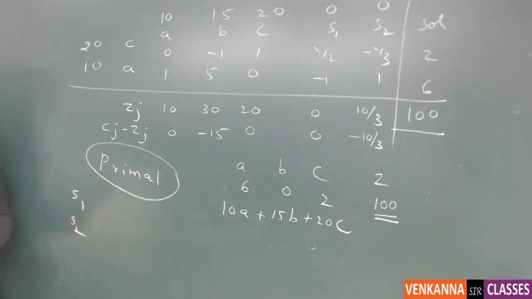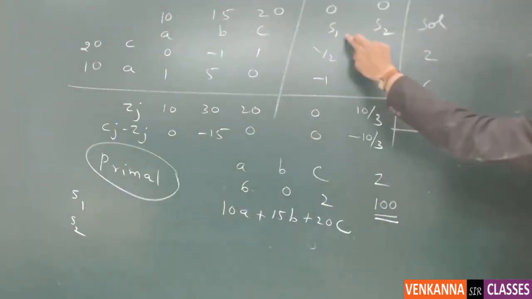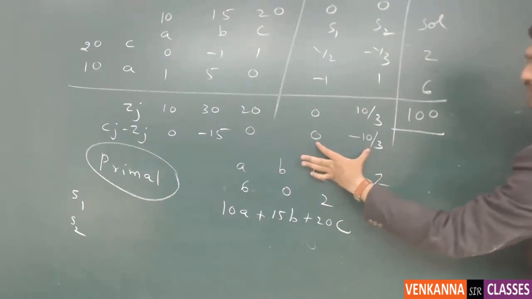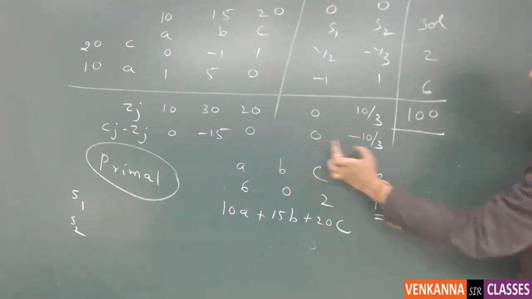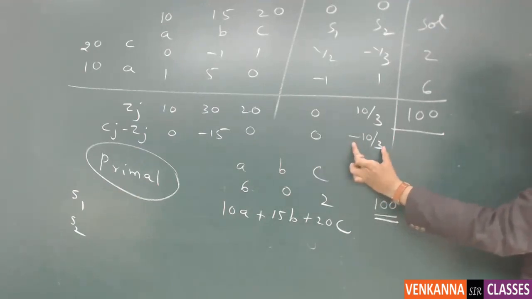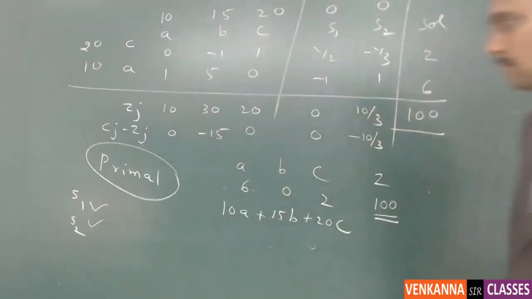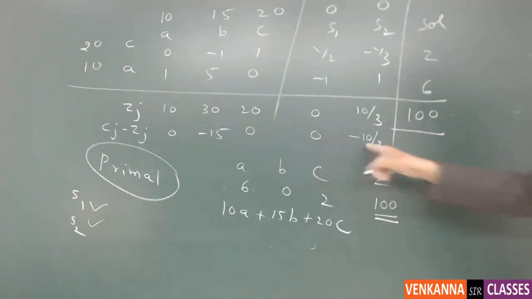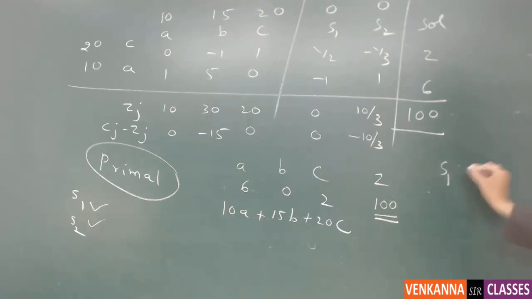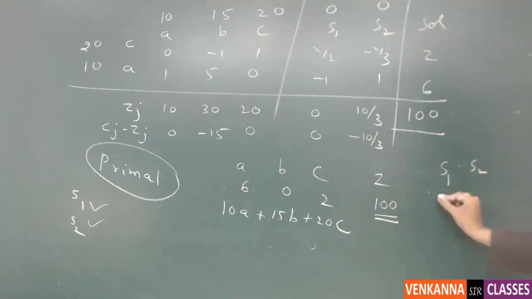Fine. So you forget about all these things. Here for S1 and S2, you take the values of Cj minus Zj. This is the value 0. This is the value minus 10 by 3. So S1, S2 values are taken by taking minus symbol here. So you will write S1, S2, taking minus symbol to these things, 0, 10 by 3.